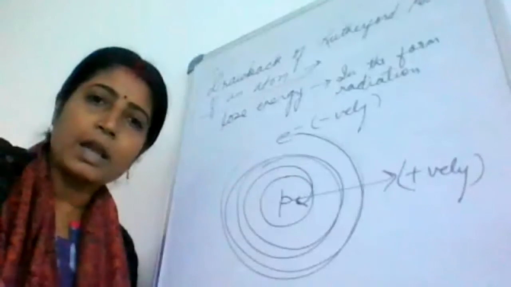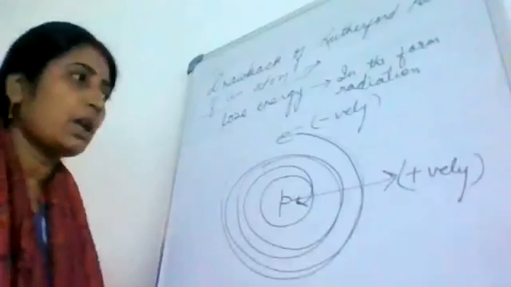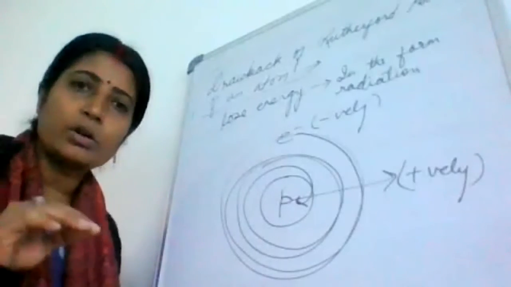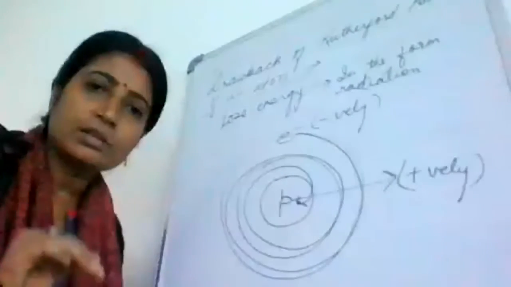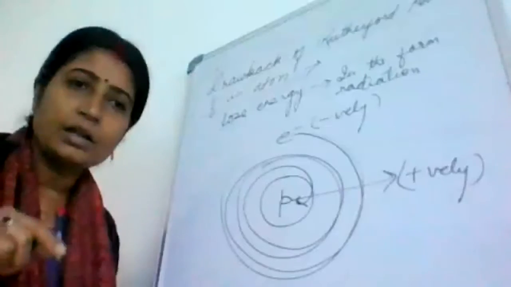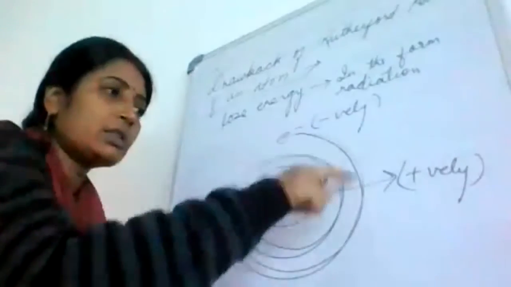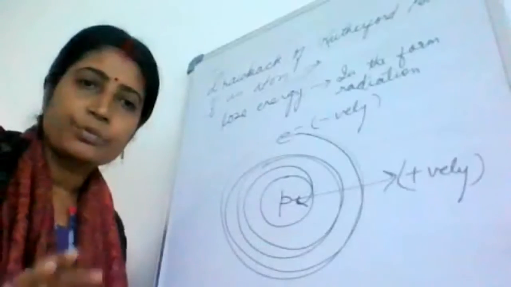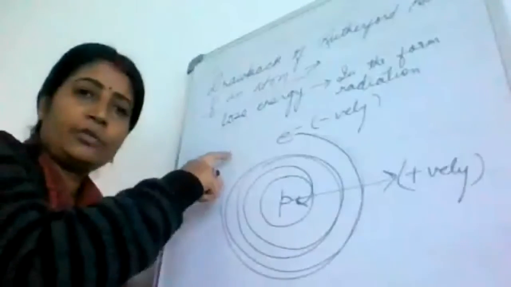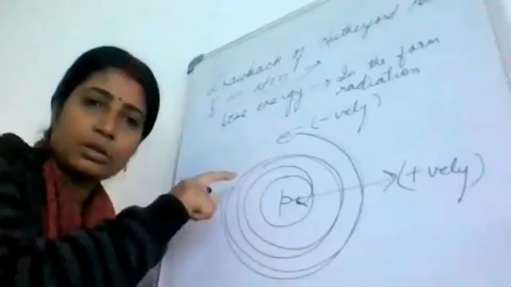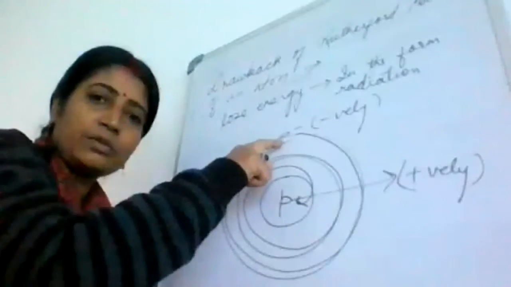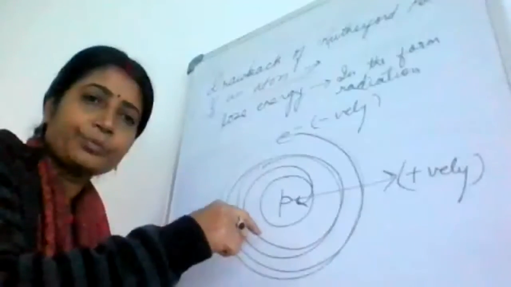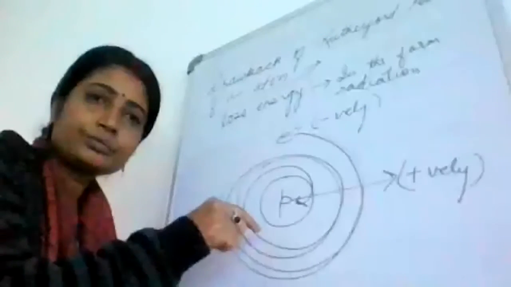What was the drawback? I think it is clear to you that electron, according to physics, you must start like this. According to wave theory of mechanics in physics, it is said that a charged particle in acceleration would lose energy in the form of radiation. So, in Rutherford model of an atom, electron is a negatively charged particle and it is continuously moving around the nucleus, is in acceleration.